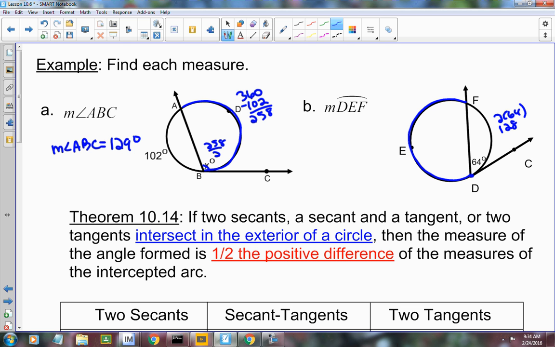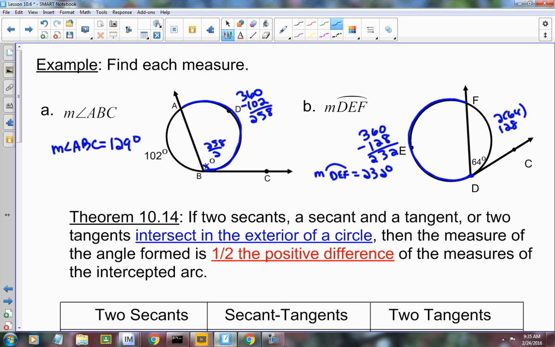But I want this arc. So what am I going to do to get the other arc? Okay, it's the rest of the circle, so I'm going to subtract 360 minus 128. What is that, 232? Is that what you guys got? So the measure of arc DEF is 232 degrees.